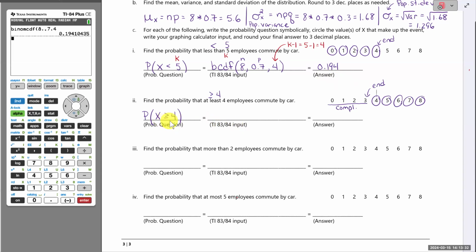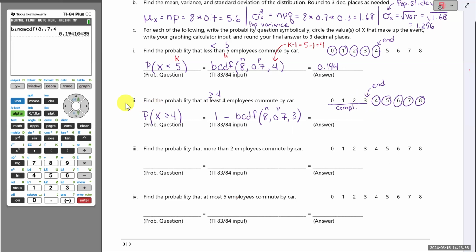So for the greater than or equal to case, you're going to do 1 minus binomial CDF, and then the N and the P don't change. There's your N and your P. And then the third value here will be the 3.